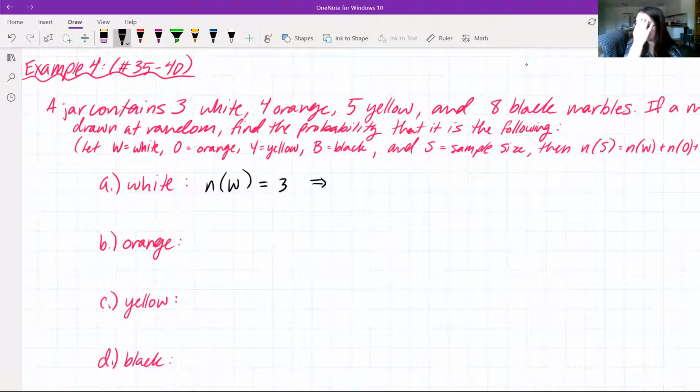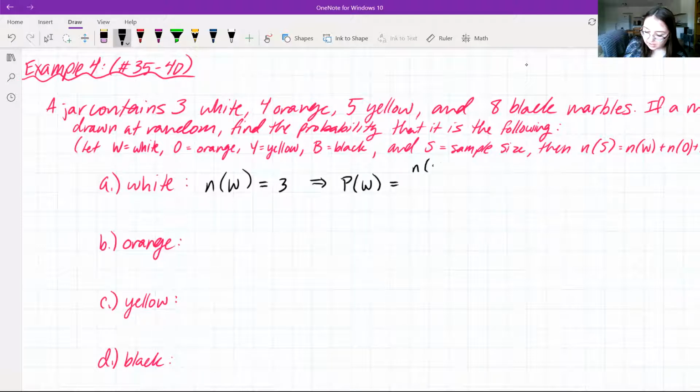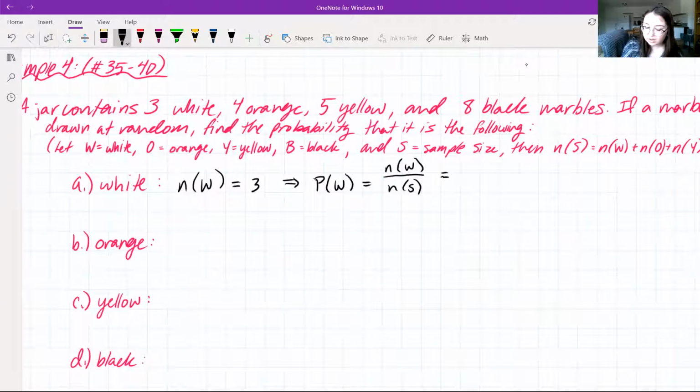Using our basic probability principle, P of W is equal to N of W divided by N of S. We know N of W is 3 and N of S is 20, so our probability is going to be 3 over 20. We can calculate this value as a percentage if we would like, but we don't have to, so we're just going to leave it as 3 over 20.